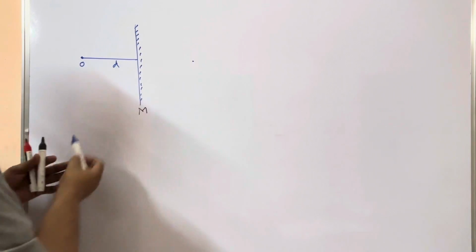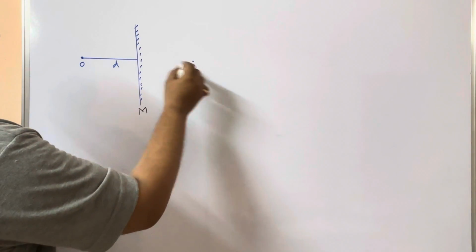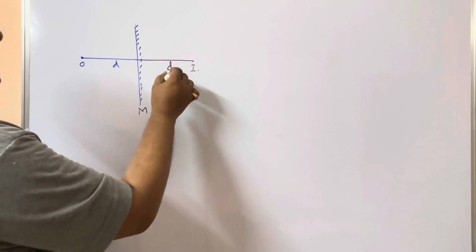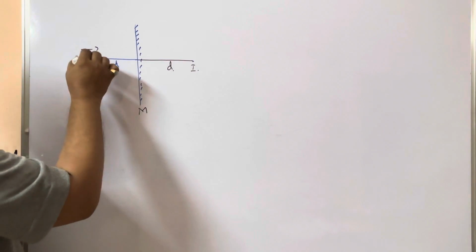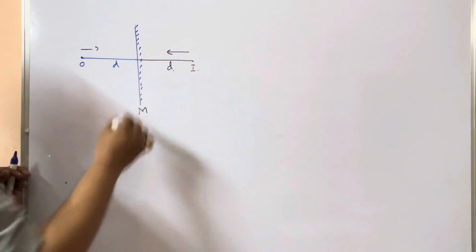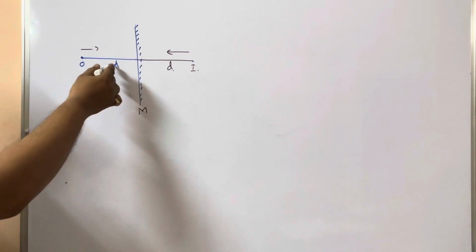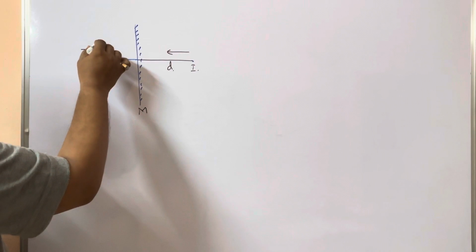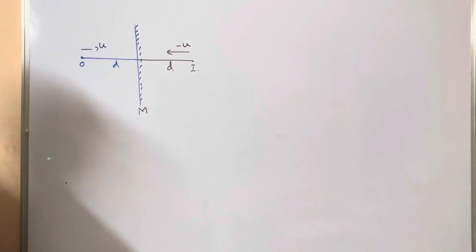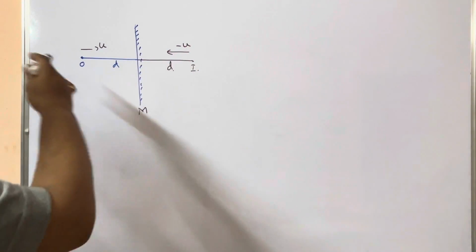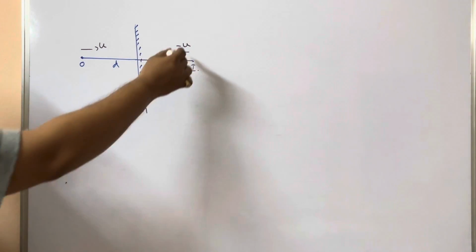Its image is also formed at the same distance, so it is also changing its position with respect to time. If the object is moving towards the mirror, the image comes towards it, isn't it? Distance by time is velocity. So if the object is moving with velocity u, the image will be moving with minus u, which represents it is coming towards the left with the same velocity.